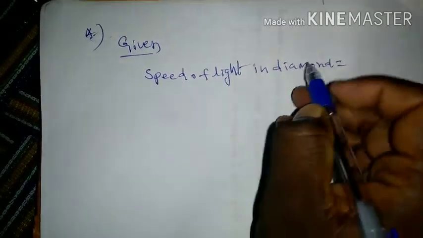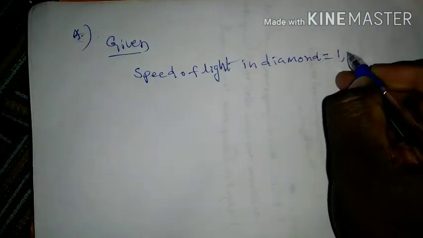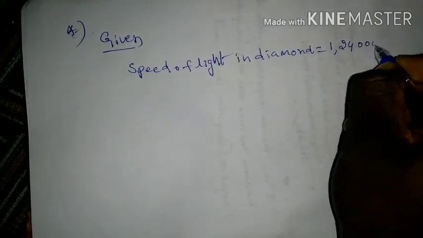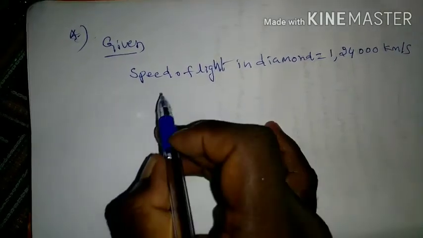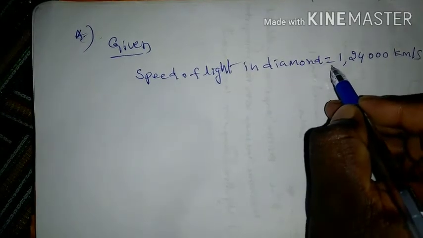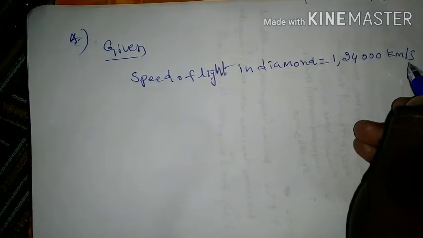Speed of light in diamond is equal to 1,24,000 kilometers per second.